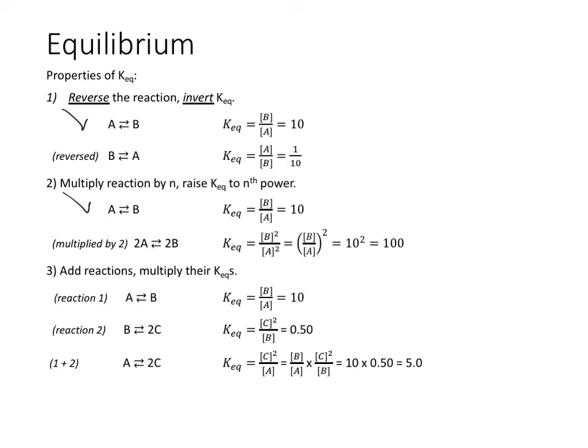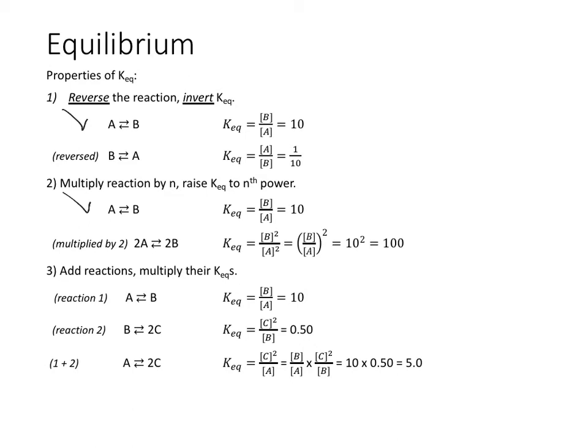If I multiply that by 2, so 2A goes to 2B, my KEQ becomes B squared over A squared, products over reactants, raised to their proper power. And let's notice that is just B over A, squared. So my equilibrium constant is now 10 squared, or 100. So when I multiply a reaction by a number n, I raise the value of the equilibrium constant to that nth power.